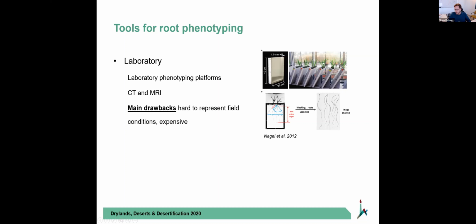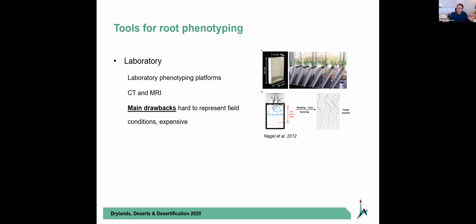So it's a very nice system of rhizotrons, and you can do big experiments with many plants required for phenotyping. And you can image the roots and measure architectures and other root properties through those systems. You can also use CT and MRI, but this is more at smaller scales.